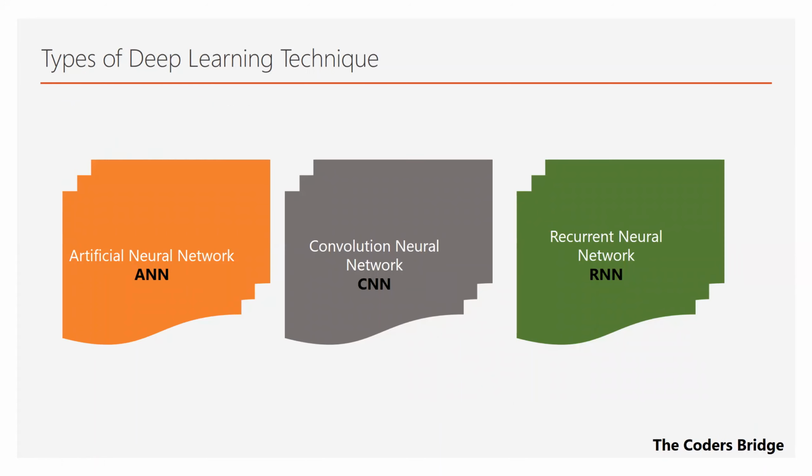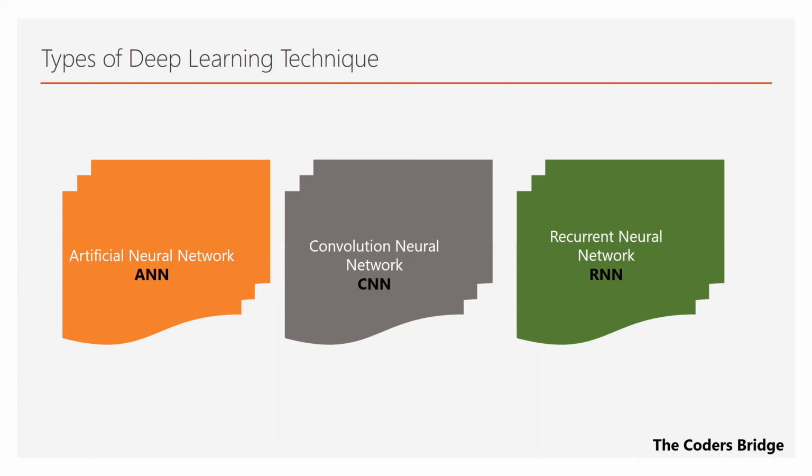We have three different types of deep learning techniques: artificial neural network, convolutional neural network, and recurrent neural network. In the name itself you can see that a neural network is nothing but multiple combinations of nodes. It's known as a deep learning model, correct?